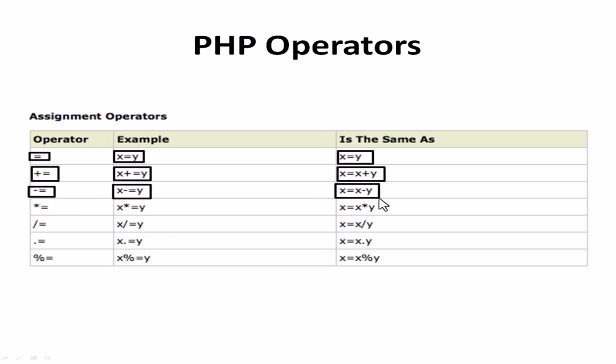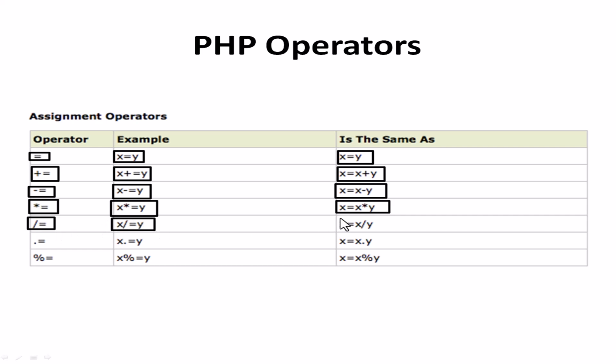Minus equal to, x minus equal to y, is the same as x equal to x minus y. Similarly, multiplication equal to, x into equal to y, means x equal to x into y. So this is the same as that one.